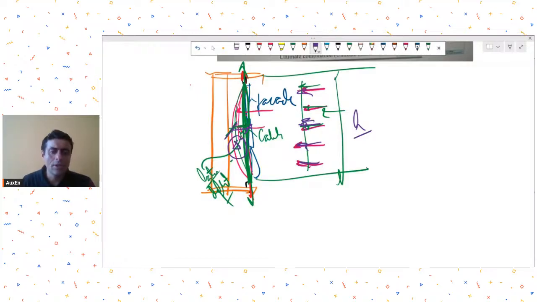Accordingly, you will find out the pretension force. Of course, if you want to maintain lower deflections, you will need a higher pretension force. If you're allowed to go for a greater deflection value, you will need lower pretension force. So in this manner, the pretension force will be found out.